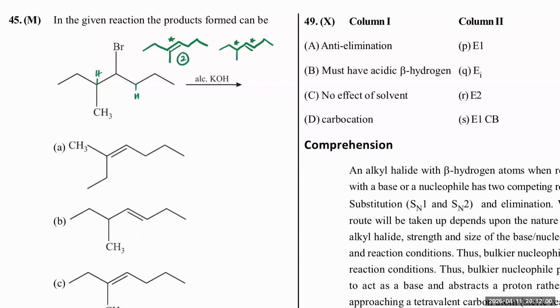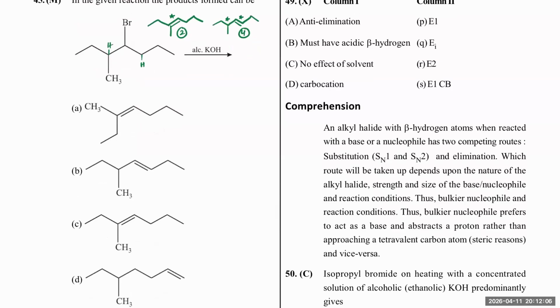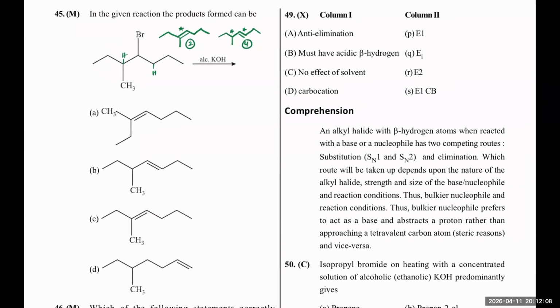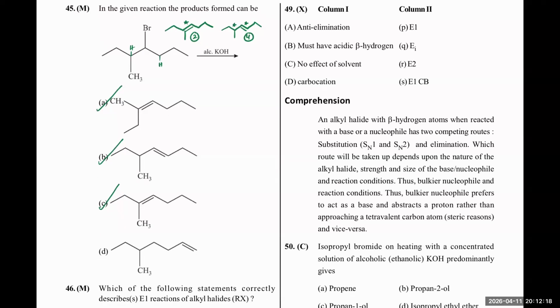So here you will have two, here you will have four. Total number of products is six, if that was a question. But here you see what are all the products you can get. This one you can get, this one you can get, and this one you can get. D we can't get.